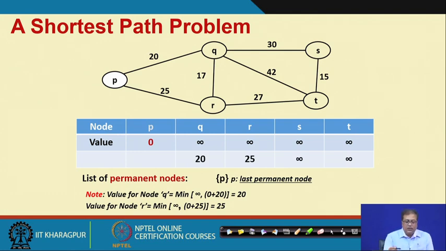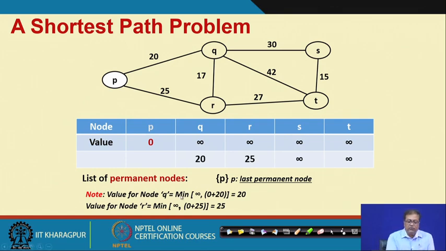If we go to Q, the value for node Q will be the minimum of its current level, that is infinity, and the last permanent node's value plus the distance from P to Q, and that distance is 20. Is it all right?